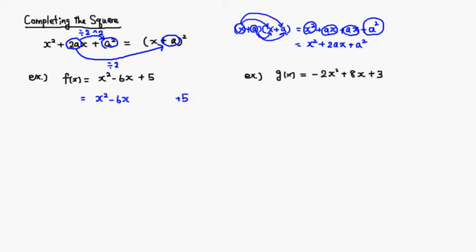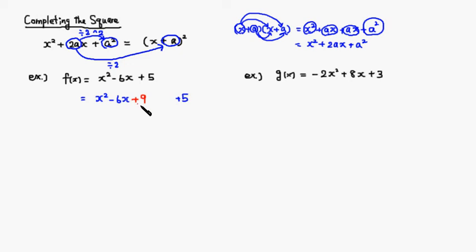Then we need a third term so that we can complete the square. Remember that the third term is: divide by 2, then square. In this case, it's -6, so divide that by 2, which is -3, then square that, so -3 squared is +9. So we're going to put the +9 right here.